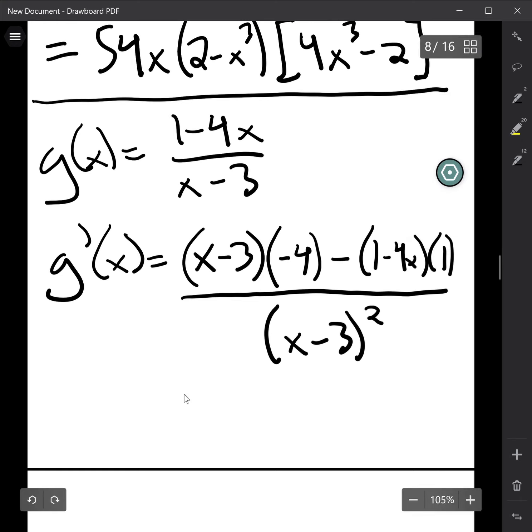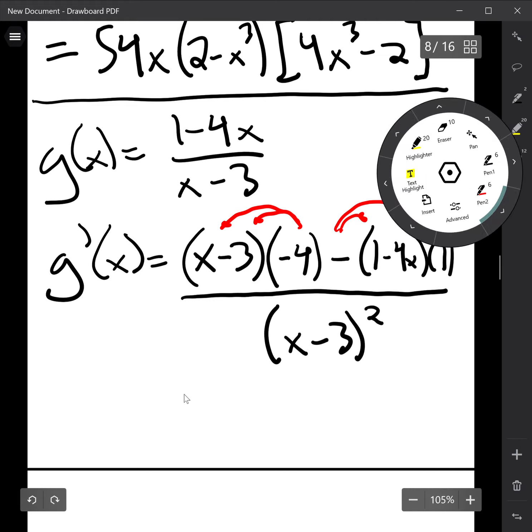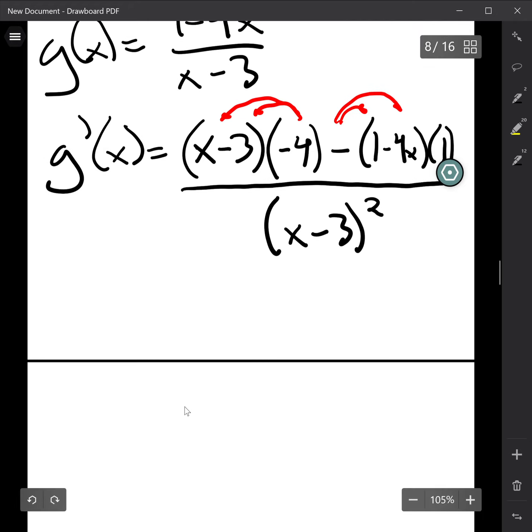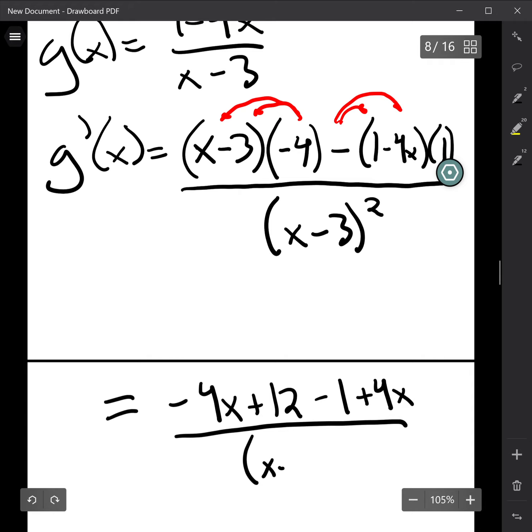Now we need to do some algebra. In this case, we could distribute in this negative 4 and also distribute in this negative to that factor, because notice that multiplication by 1 doesn't really do anything. When I do this, I'll get minus 4x plus 12 minus 1 plus 4x all over (x minus 3) squared.